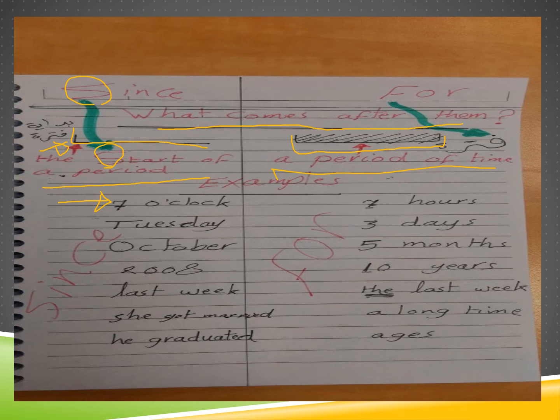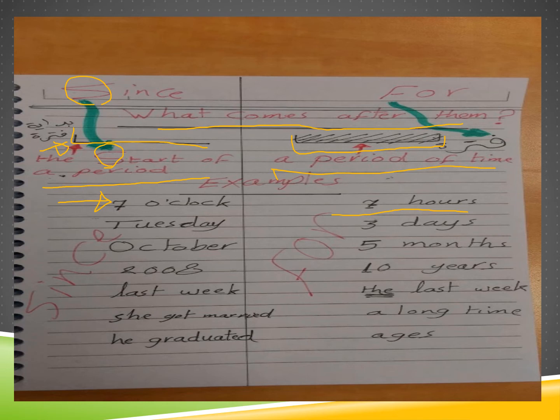So the complete period is 6 hours. But if I say since 7 o'clock, 7 o'clock is the start of the period in which I didn't see him. But if I say I haven't seen him for 7 hours, this means that I mentioned the whole period of time, the 7 hours. So since 7 o'clock, but for 7 hours.